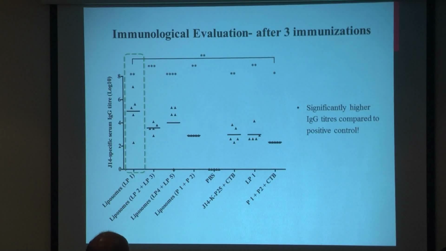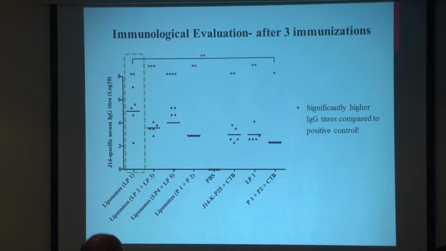So here are my results. After 3 immunizations, let's just focus on the LP1 right now. It is actually significantly higher than my positive control, which actually had CTB inside. So that was really, really good results for me. However, another thing that I'd like to point out is that all my liposomal formulations were significantly higher than the PBS as well.